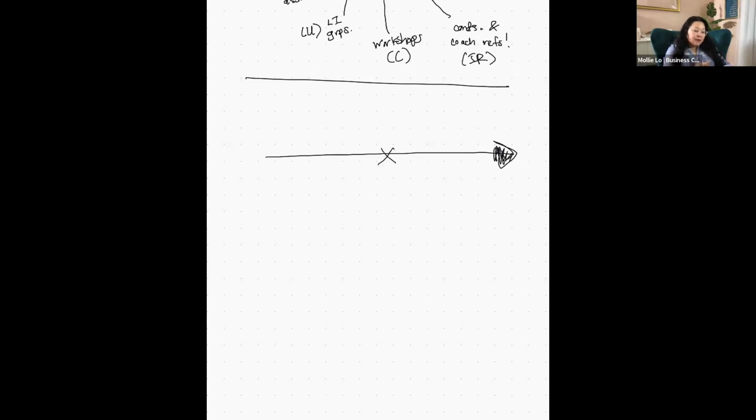So first off, profile optimization, okay? Profile optimization, that's the first step. Because if you're pounding your lead generation strategy and your profile is not optimized, think about it. Does your profile reflect your brand?